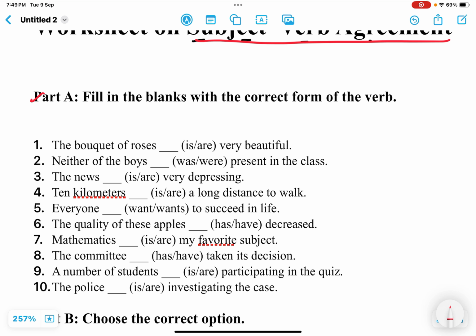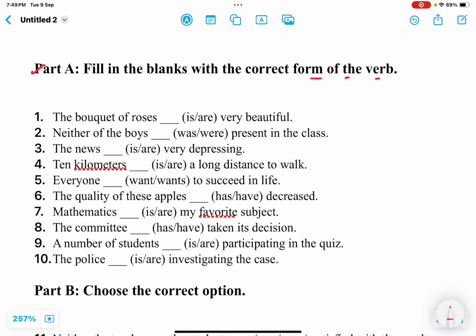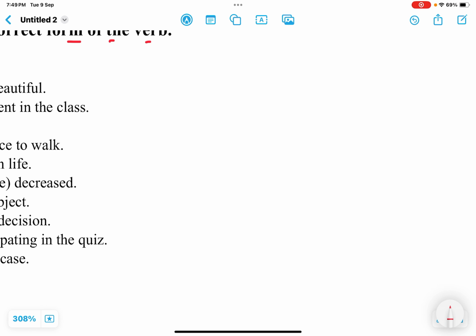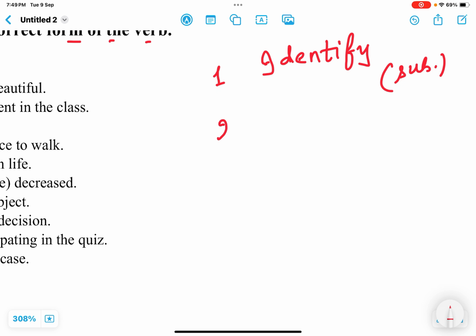First part, fill in the blanks with the correct form of the verb. Here we are to fill in the blank with the correct form of the verb, but before that let me tell you one thing, what we are to do in subject verb agreement. First step is to identify the subject.